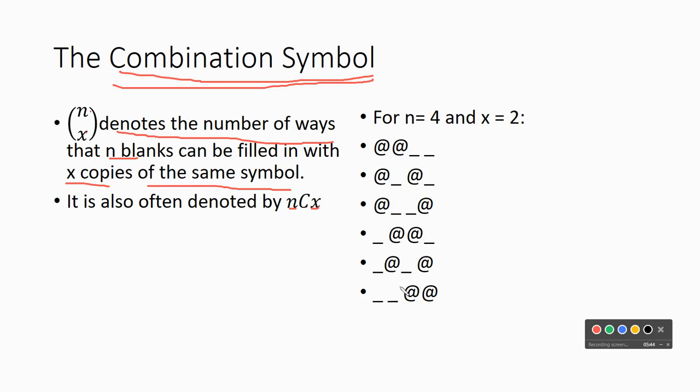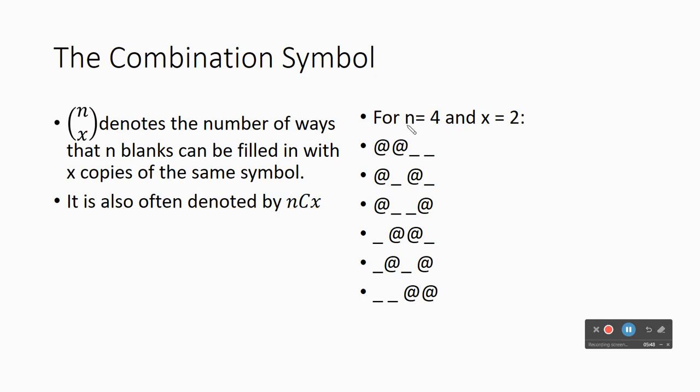So to get a clearer picture of this, for the special case n equals 4 and x equals 2, let's have our symbol be the @ sign, filling in 4 different blanks. We can have it filling the first blank and the second blank, the first and the third, the first and the fourth.